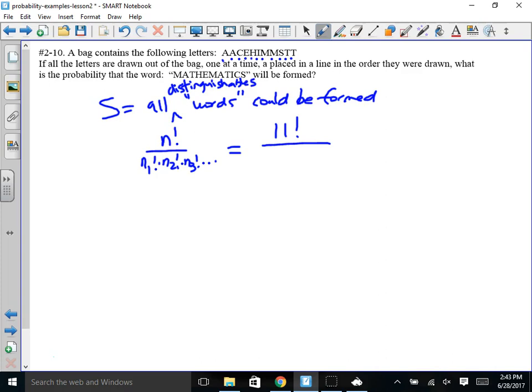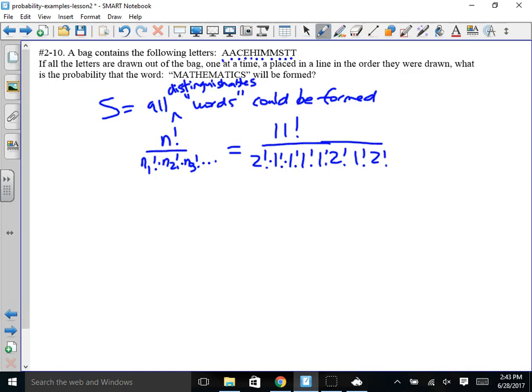There are 2 A's, so there'd be 2 factorial here. There's 1 C, there's 1 E, there is 1 H, there's 1 I, there's 2 M's, and there's 1 S, and there are 2 T's.